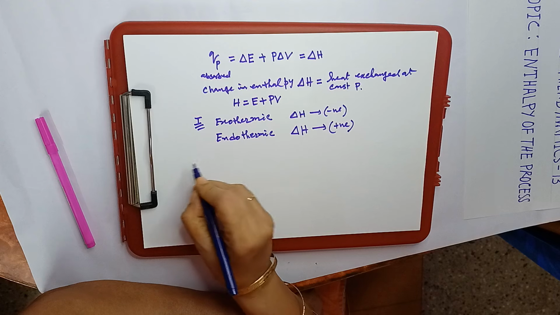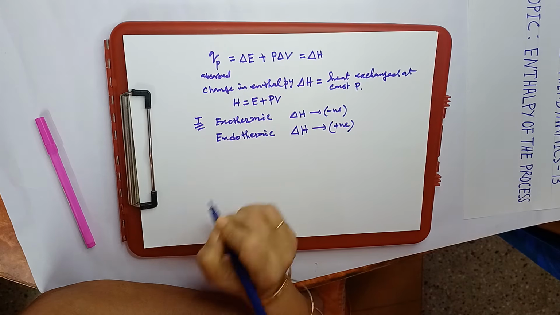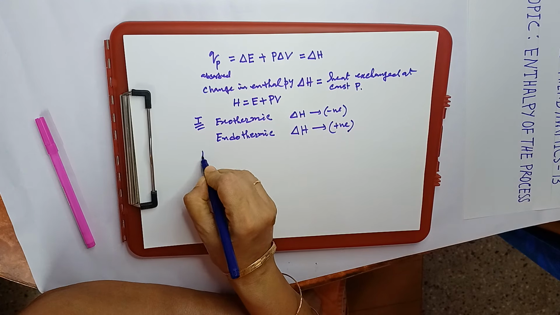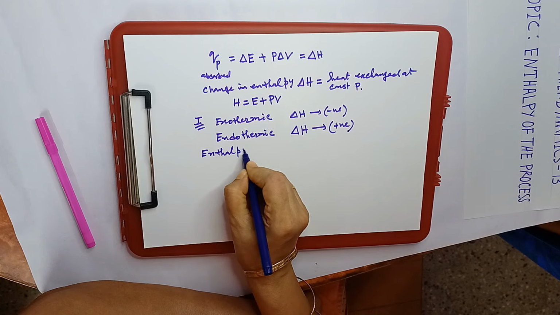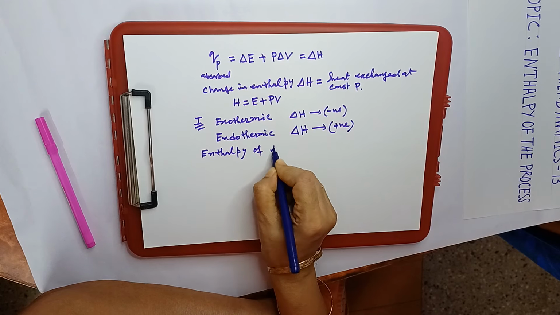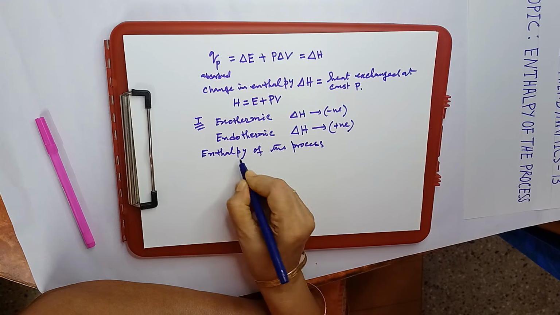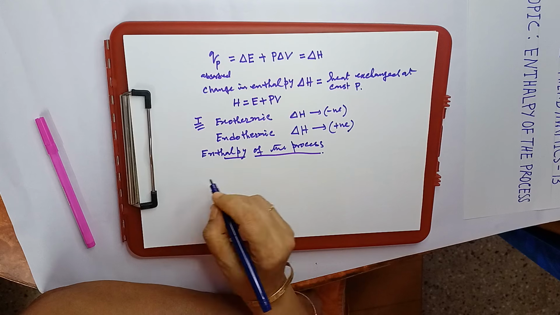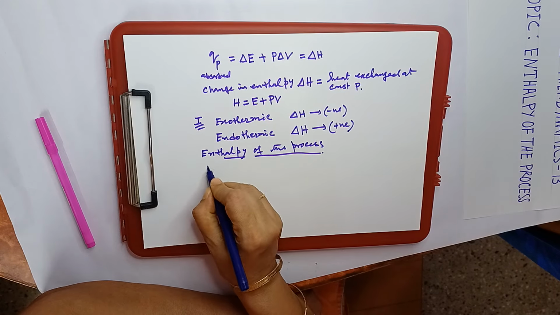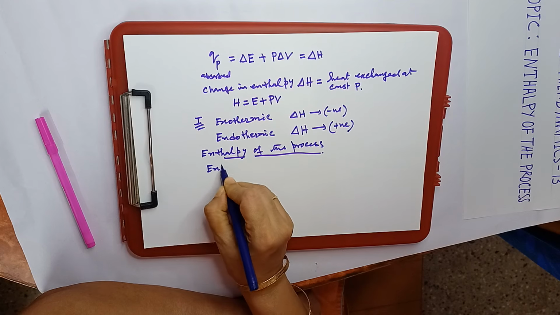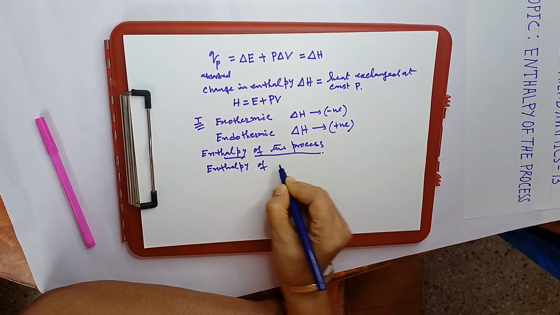Now, enthalpy change during a process is known as the enthalpy of the process. Say for example, just imagine I am considering the enthalpy of fusion.